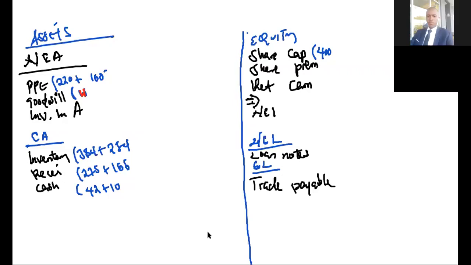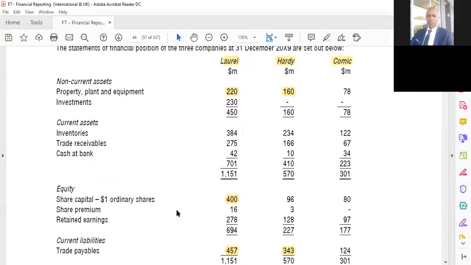So there we go. Even this one we pick for the parent. So share premium, also pick this one for the parent. These we pick the way they are. So we pick for the parent 416, and then 457 and 343.